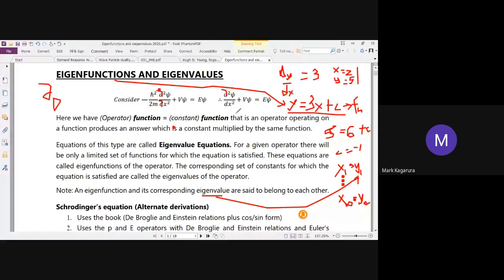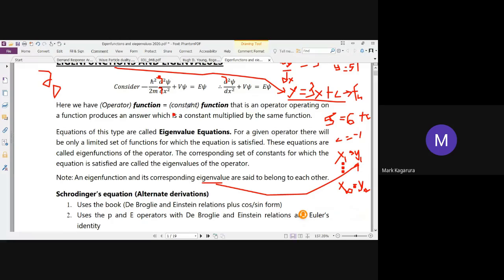Some of you call it a partial derivative, but in other cases there is a slight difference. You can also have a constant and a function, so that constant is operating on that function, and from the function you get the eigenfunction.